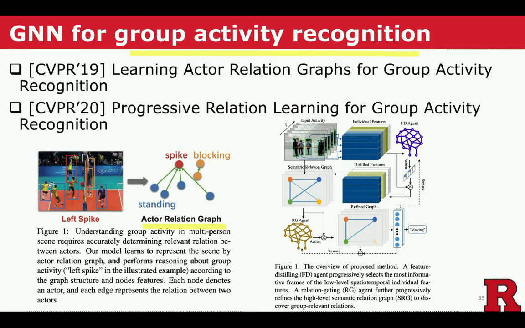For example, here we use a feature extractor to first get the representation of each person, and each person is considered as a node. We want to use the graph to focus on the interaction between the different persons. By focusing on the interaction between the people, we can better predict the group activity.